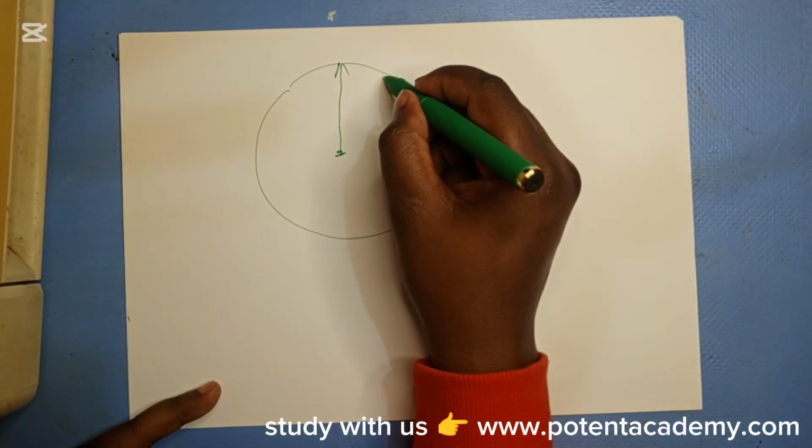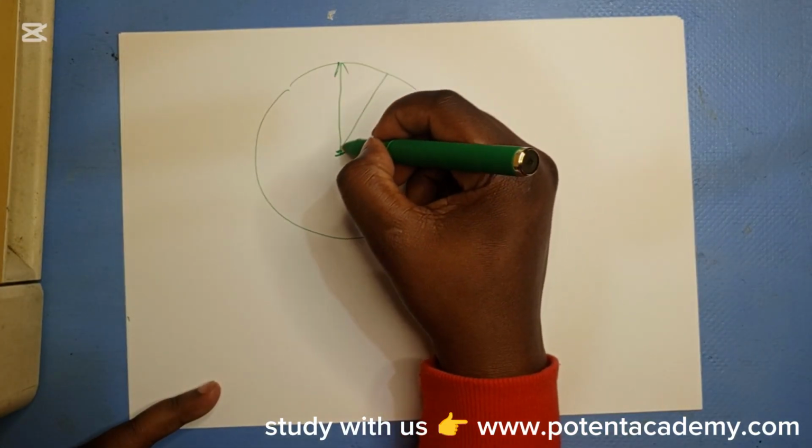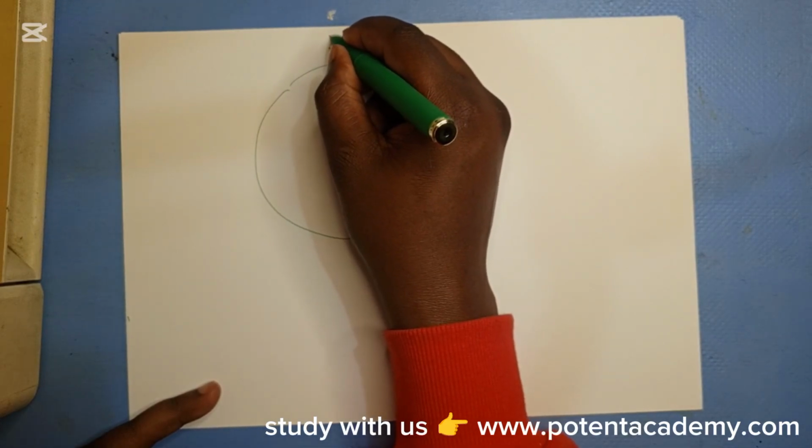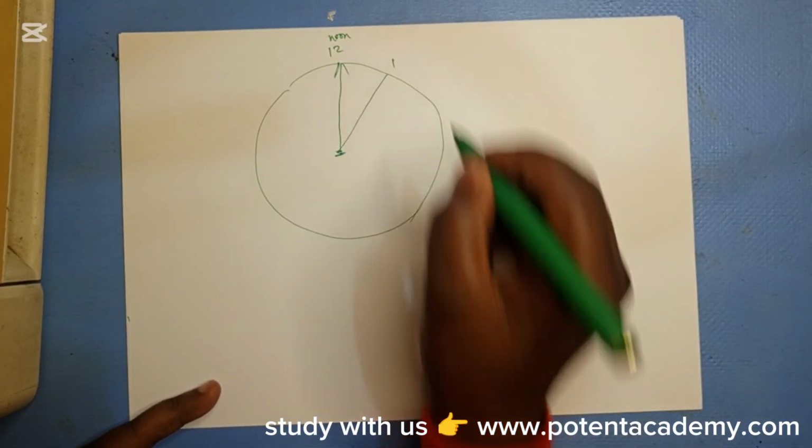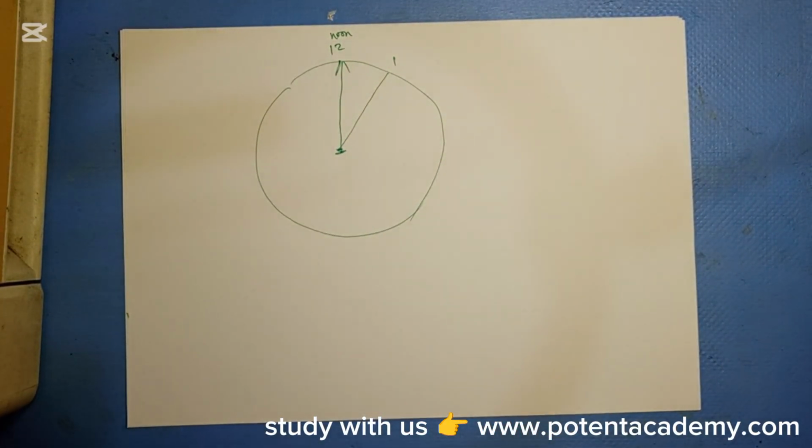Suppose 1 is here. So 12 noon, and we have 1. The minute hand moved to show 25 minutes to 1. Find the angle.